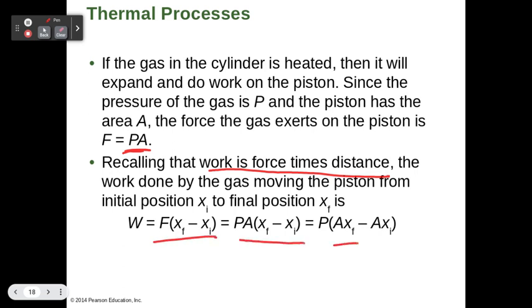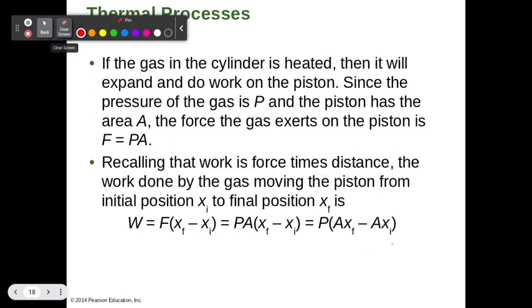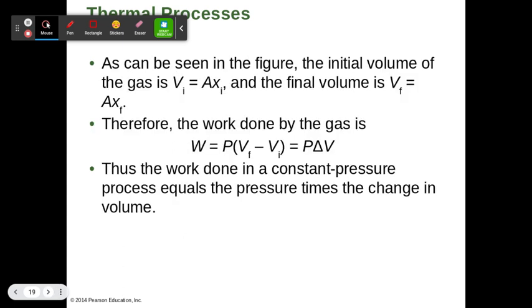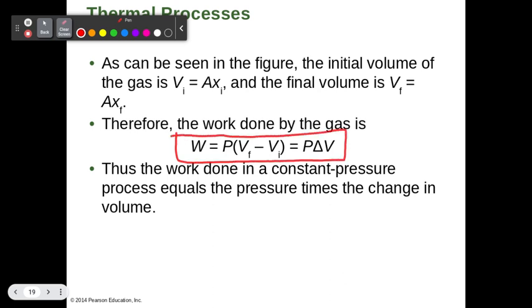And we're just rearranging these things to get to a final equation for work in a constant pressure situation. So in a constant pressure system, the work that's done is equal to the pressure of the gas times the change in volume. Okay.